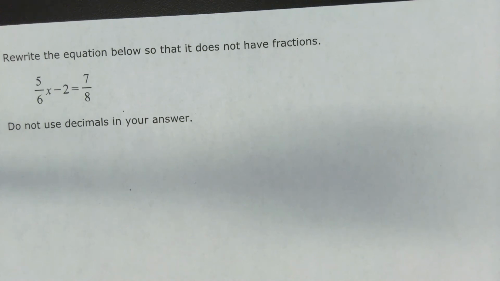At one time, one of your fractions is 23 over 8. That's what it is. Just rewrite it.